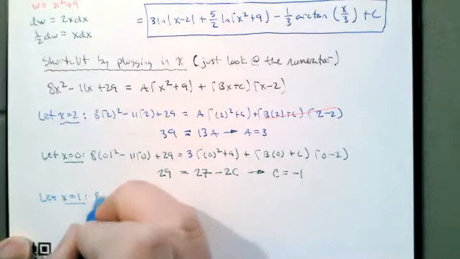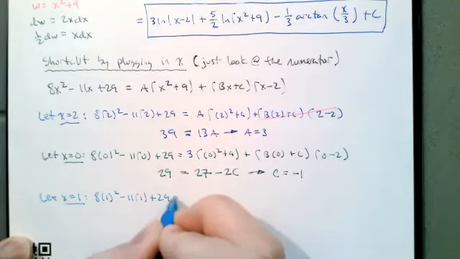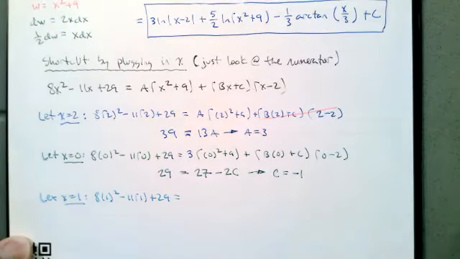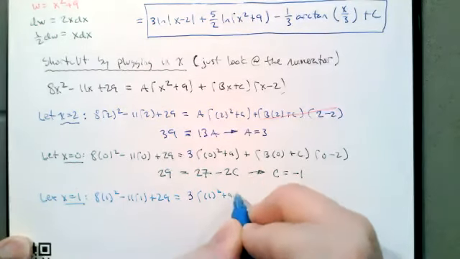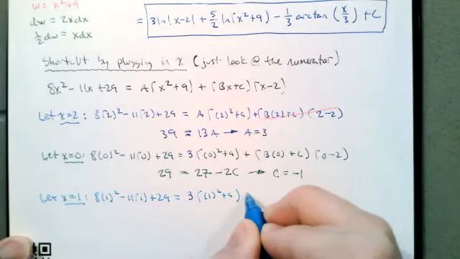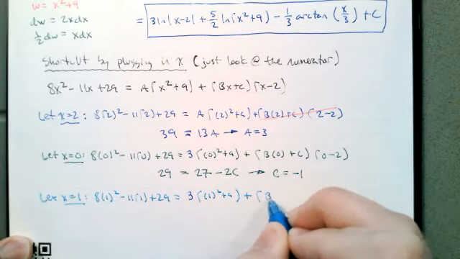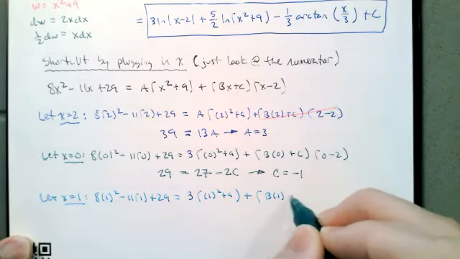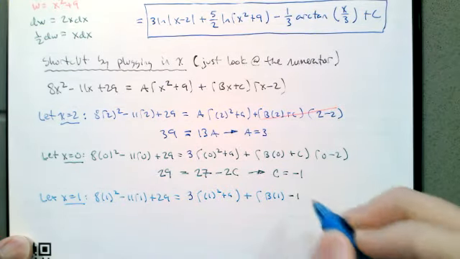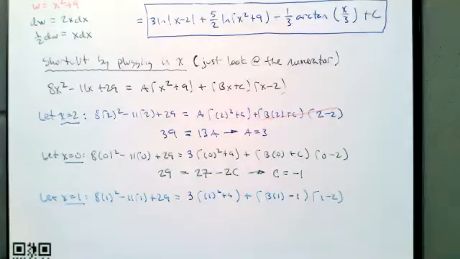So I'm going to have 8 times 1 squared minus 11 times 1 plus 29. I know what a is, 3. So 3 times 1 squared plus 9 plus b times 1, and I know c is -1, so it's -1. But then I have 1 minus 2.